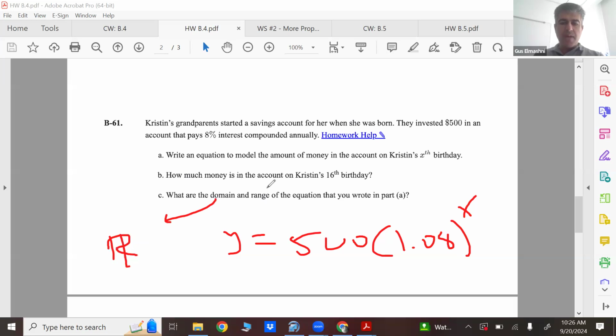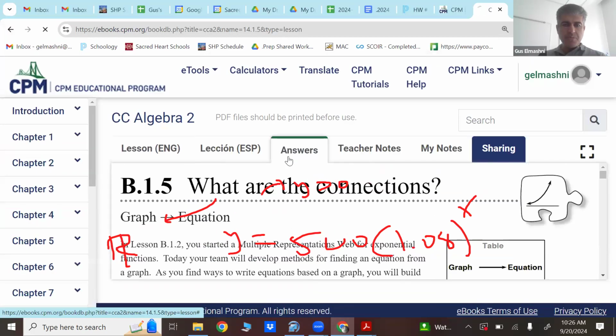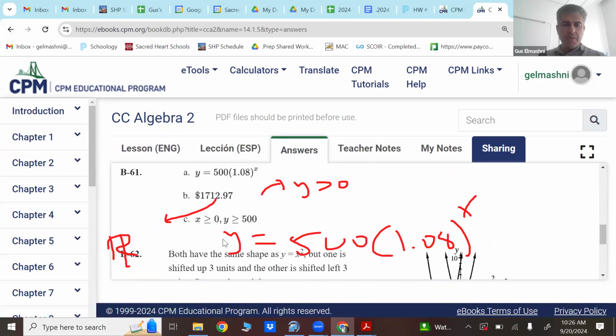The range is y is greater than 0. That's always true for exponential growth or decay. And just plugging 16 in, 500 times 1.08 to the 16th is $1712.97.